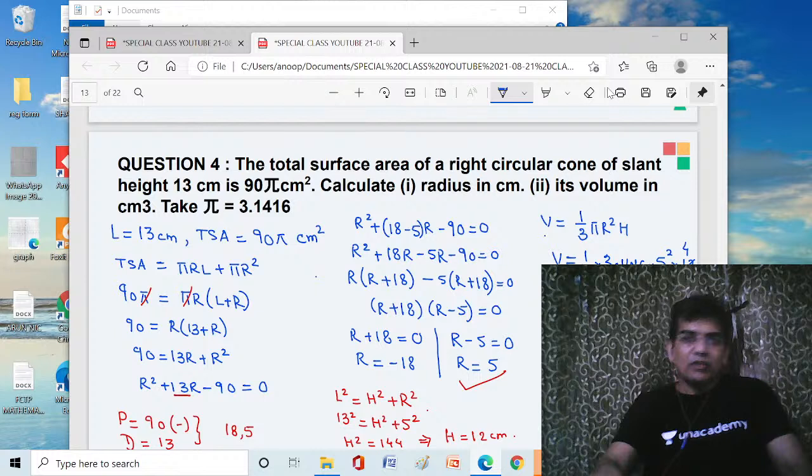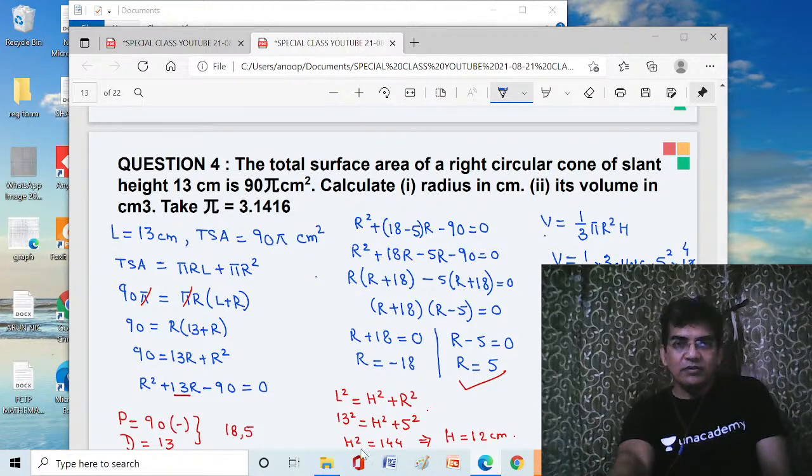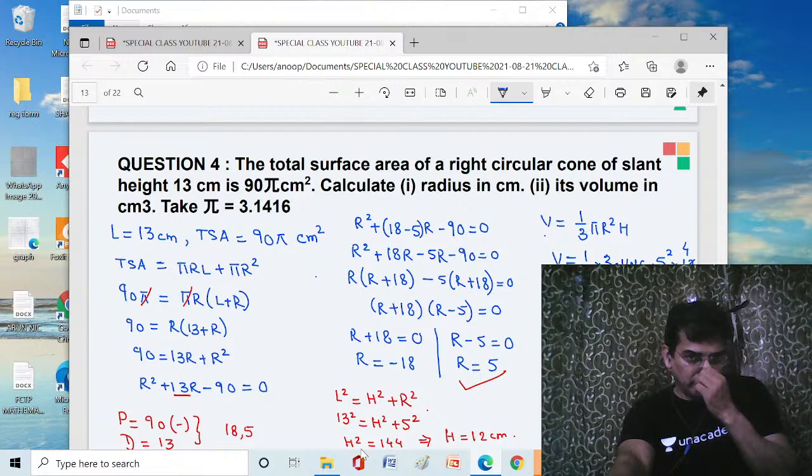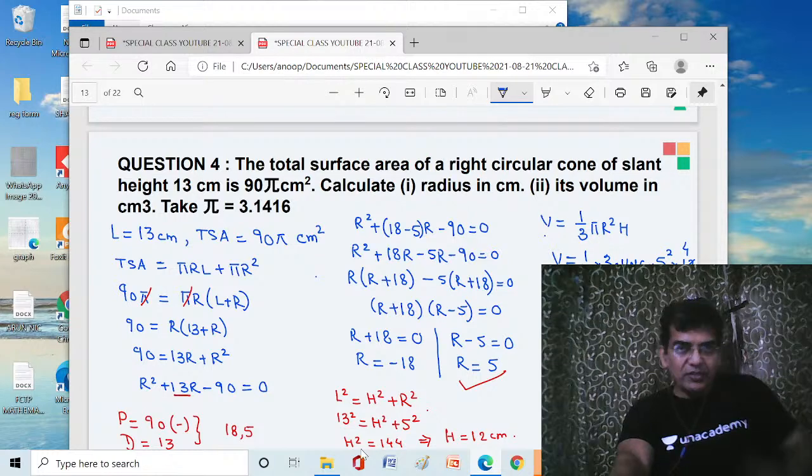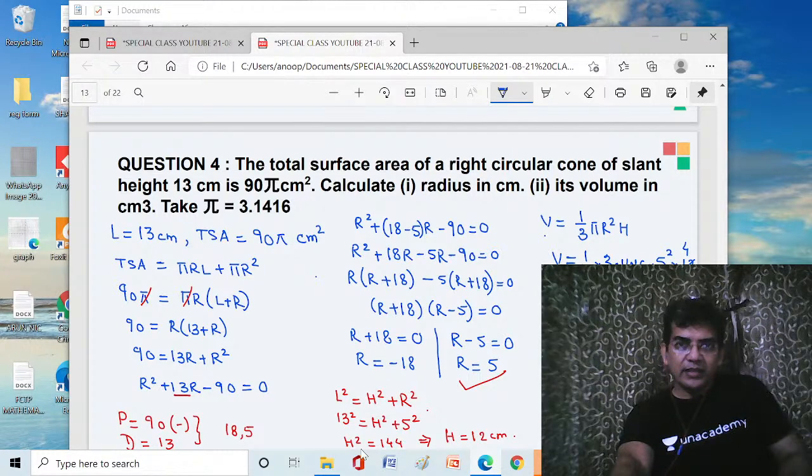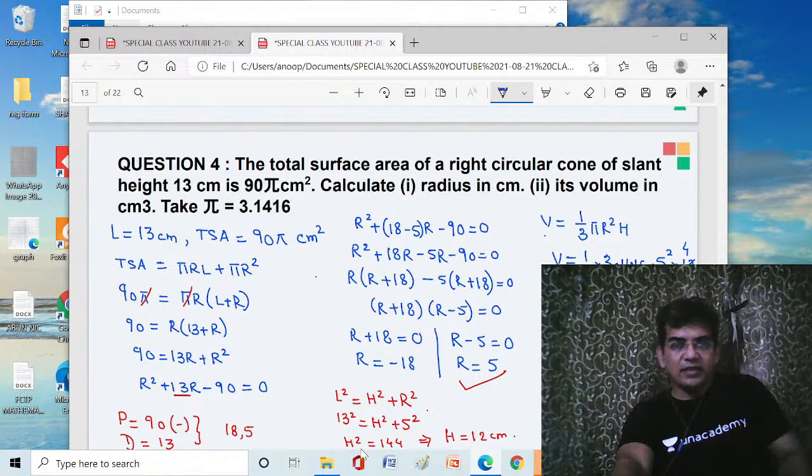We are getting this quadratic equation: r square plus 13r minus 90 is equal to 0. We will solve this equation by the factorization method, that is splitting the middle term. So we are getting these two factors, and when equating these two factors with 0, we are getting radius as minus 18 and 5.